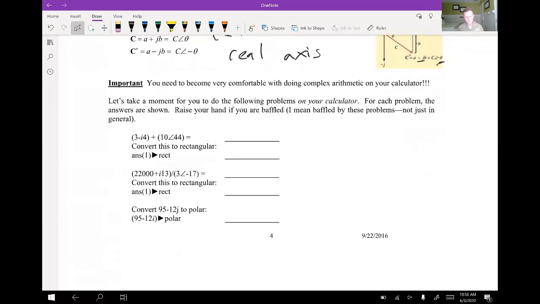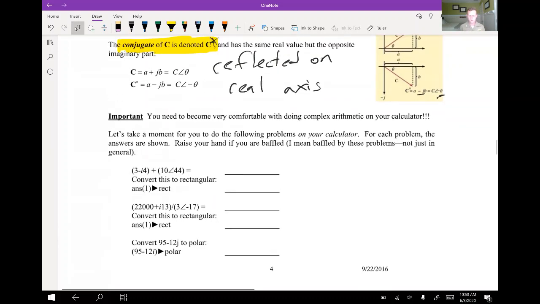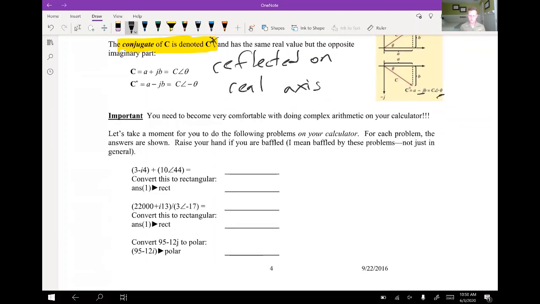All right. These are probably good to do in your calculator. I'll give you the answers right now just so that you could check them later. We're going to put it in polar and rectangular.